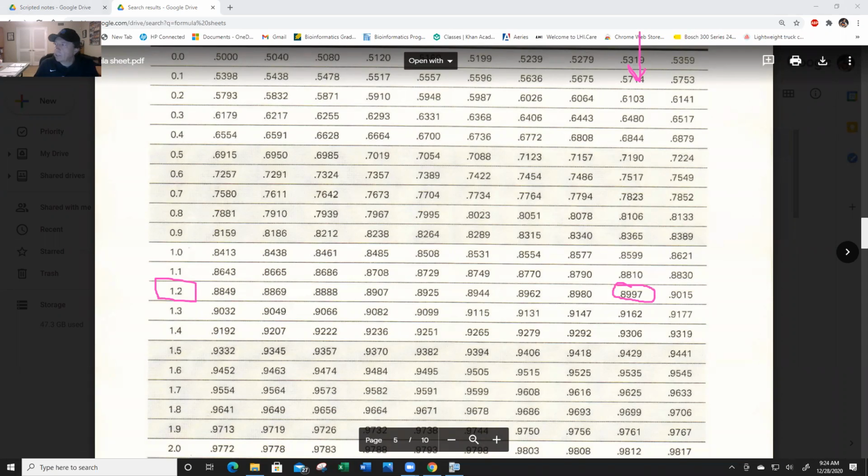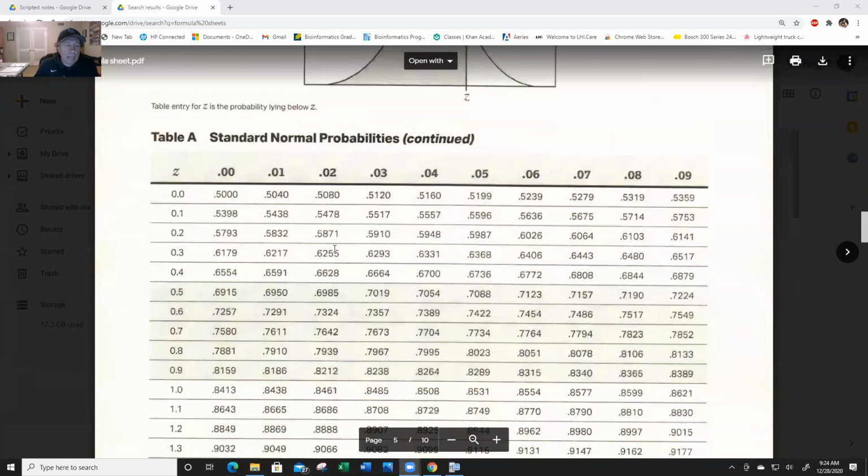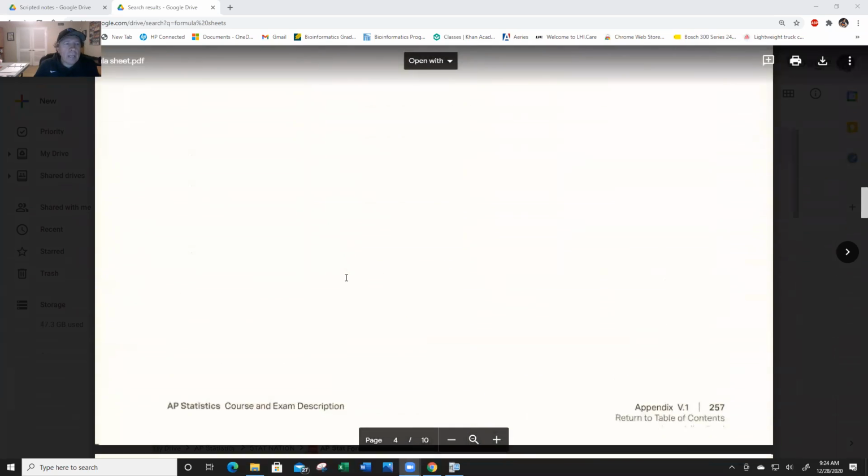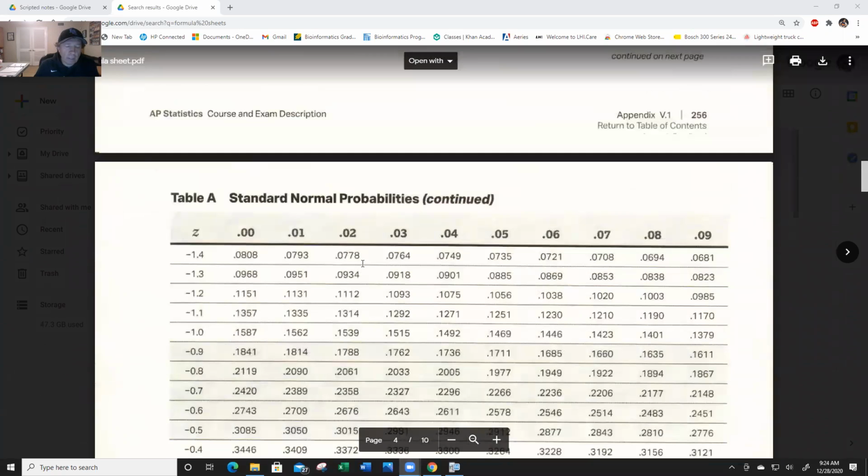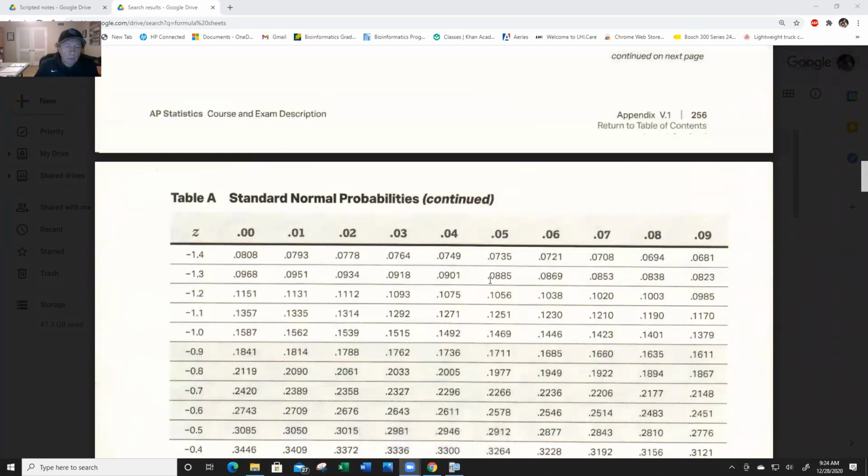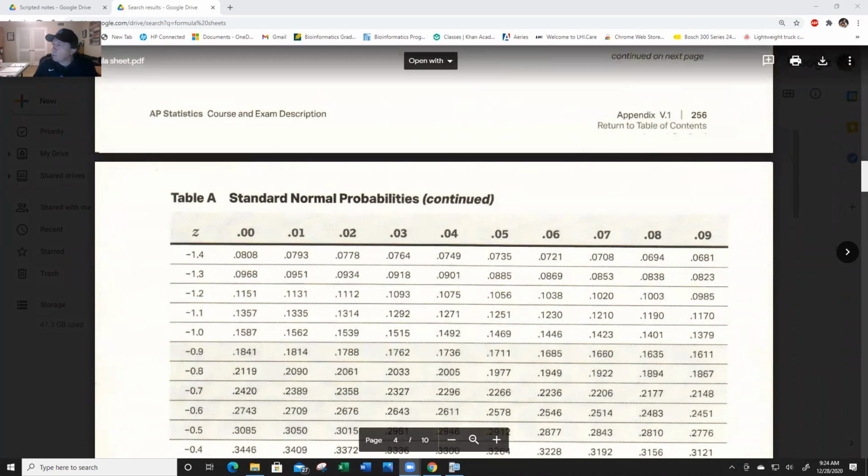That's about the 90th percentile. Then the opposite of that is negative 1.28. I'm sorry, it's the 10th percentile. The closest number that I see is right here, and again, that's negative 1.28. So that's how you would do it off the chart. Either way is fine. It doesn't make any difference.